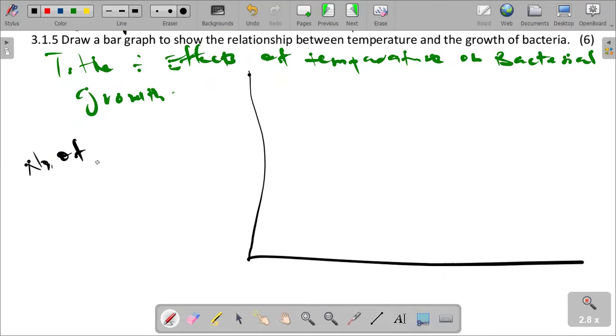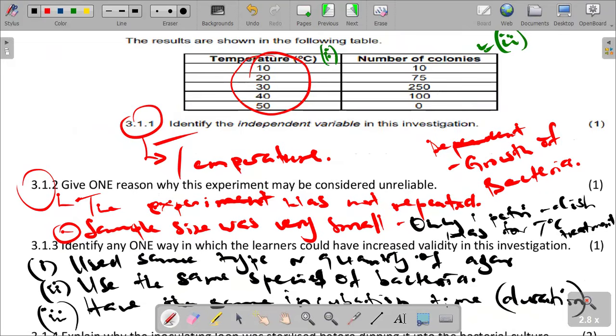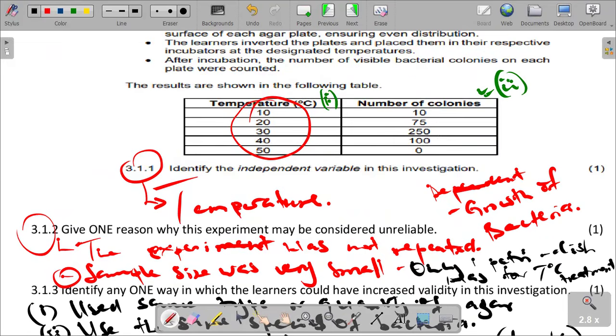So we are going to look at temperature and the corresponding number of colonies.